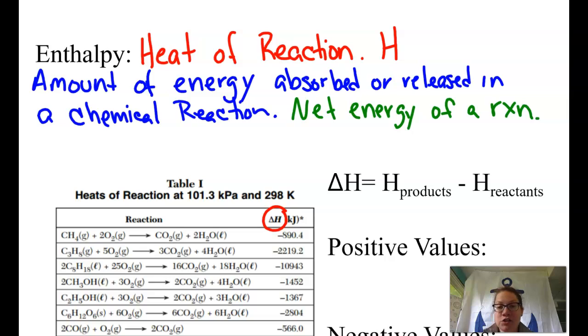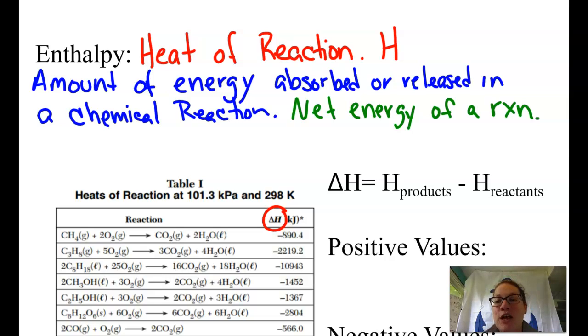All right, so we're back. So you'll see that when I say here the change in enthalpy, the overall heat of the reaction is the enthalpy of the products minus the enthalpy of the reactants. Now, it's different than heat, but we're just talking here about the potential energy that's stored in the bonds.